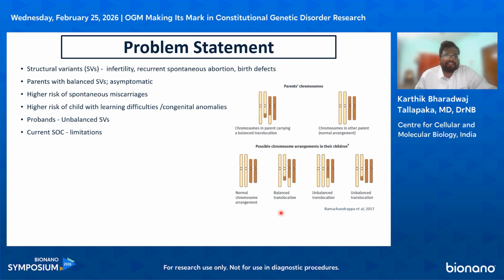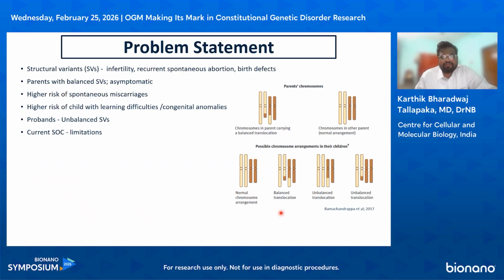Because these cryptic structural variations, when they are present in parents who are apparently asymptomatic, can have several problems in their progeny, like recurrent spontaneous abortions or birth defects. And some of them are also causative of subfertility or infertility.